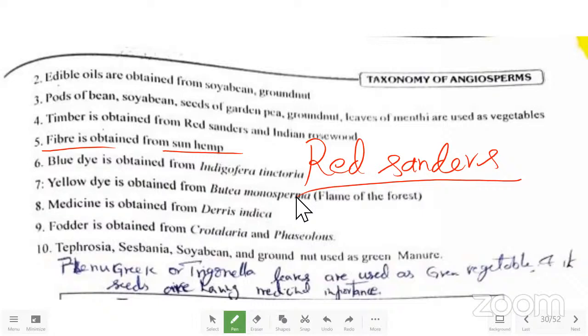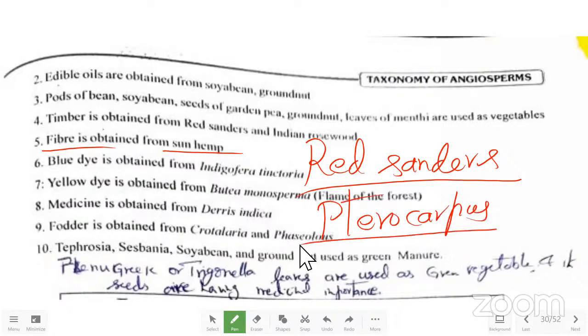And the next one, musical instruments can be made from the Pterocarpus wood. Example, guitar, violin, veena. All these musical instruments were made with only one wood, that is Pterocarpus.